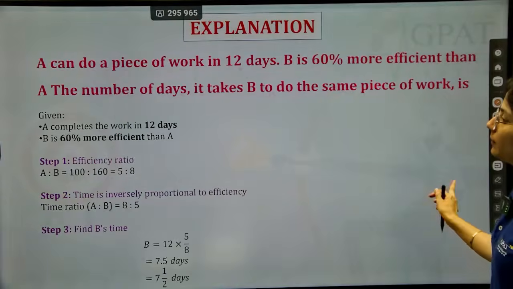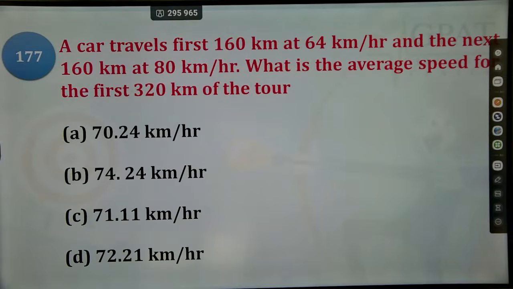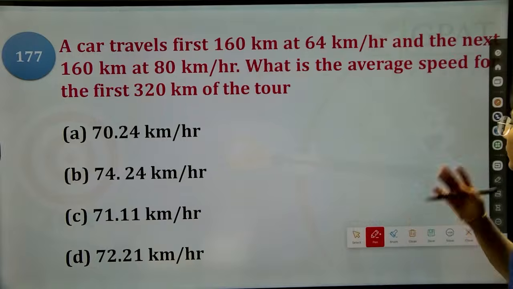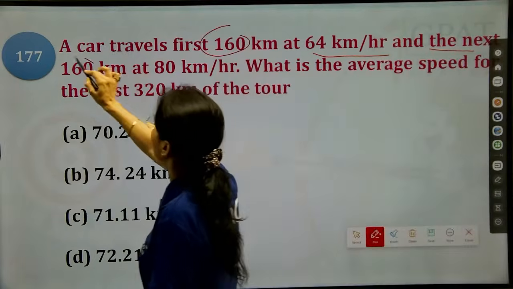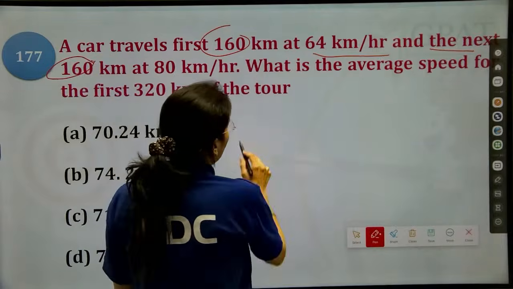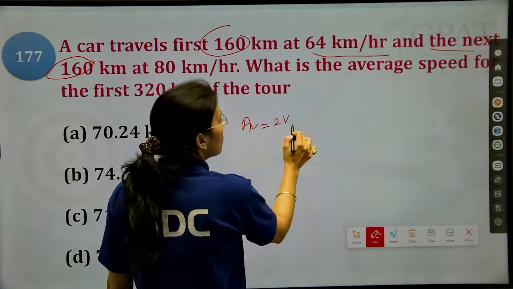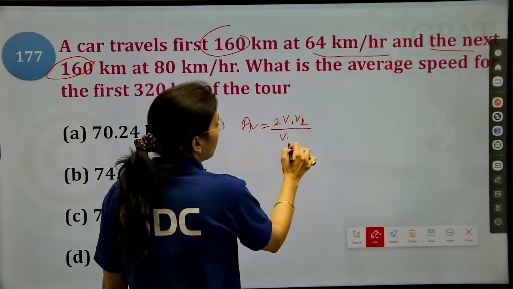Next is question number 177. A can travel the first 160 km at 64 km per hour and the next 160 km at 80 km per hour. Here the distance is the same and you have to find the average speed. The formula for average speed is 2V1V2 upon V1 plus V2.